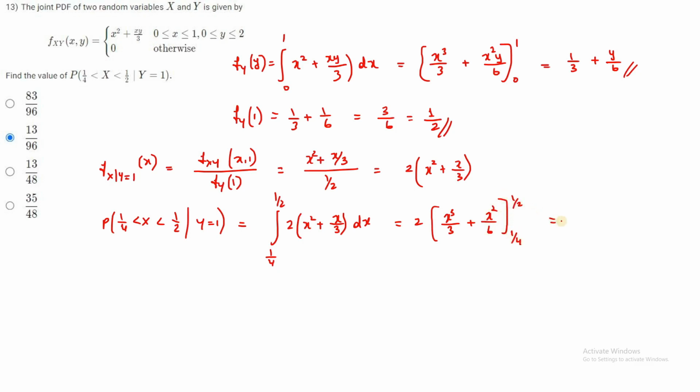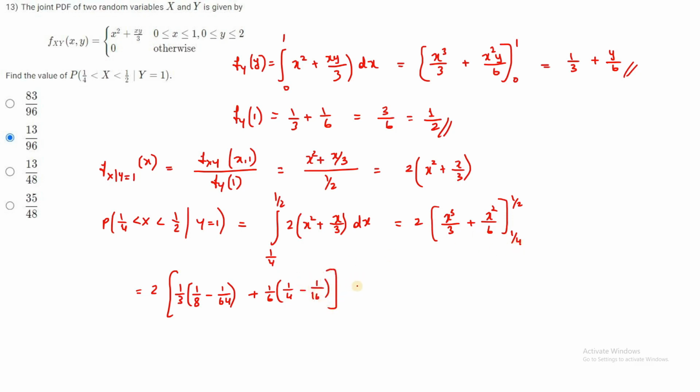Now I'll write in the next line, which is equal to 2 into, and I'll take 1 by 3 outside. What is x cube? 1 by 2 cube is 1 by 8 minus 1 by 4 cube, that is 1 by 64. Again plus, I'll take 1 by 6 outside, 1 by 6 of x square, that is 1 by 4 minus 1 by 4 whole square, that is 1 by 16.